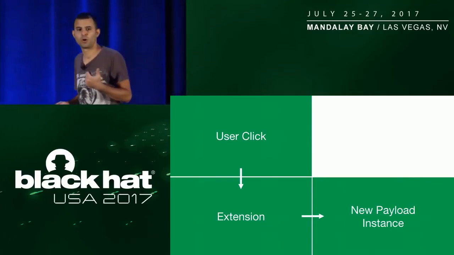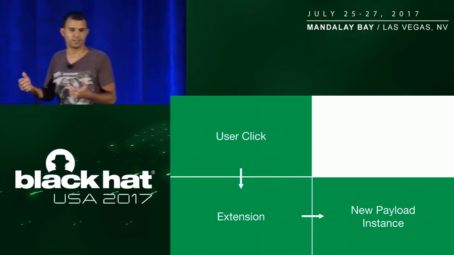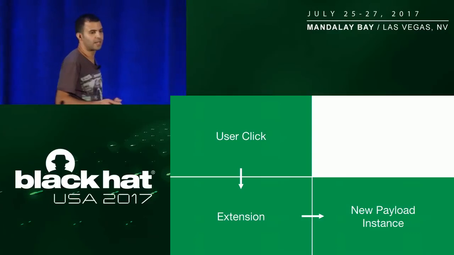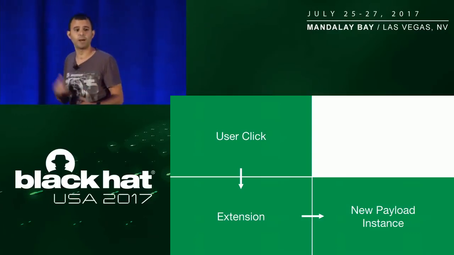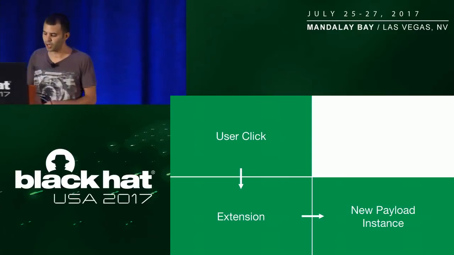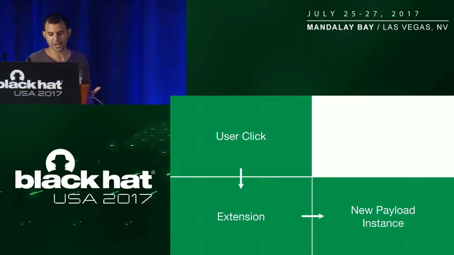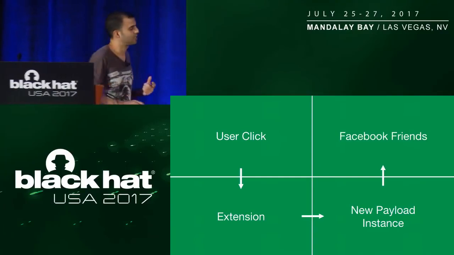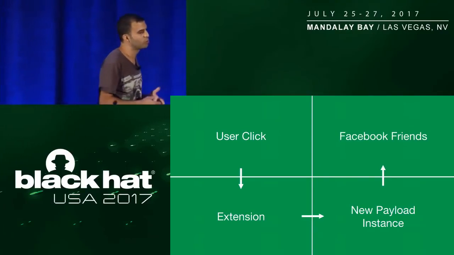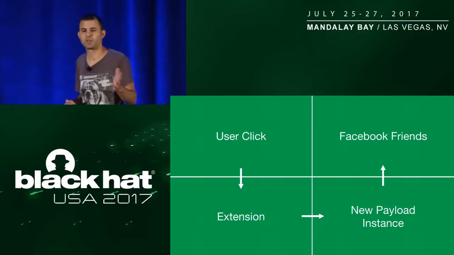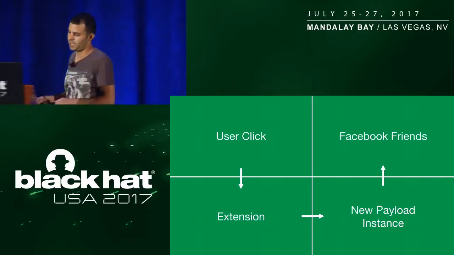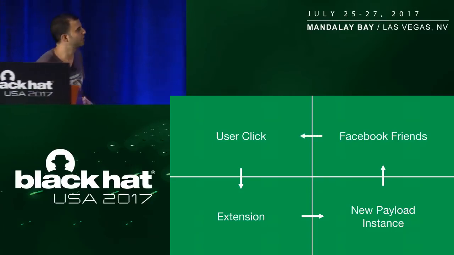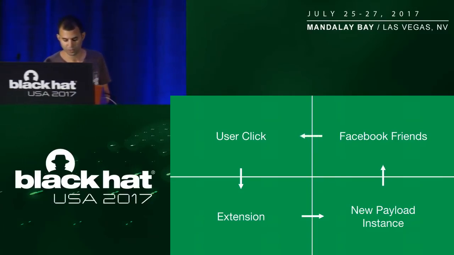In the Wix attack, it was a new Wix website that offers you to install the extension. In the second attack, it was a JSE file uploaded to the user's Google Drive. Then it always takes the URL of the newly created payload instance and sends it somehow to all Facebook friends of the victim. It can be with messages or notifications. As we saw before, one of the victim's friends clicks, and then the whole thing runs over and over again.